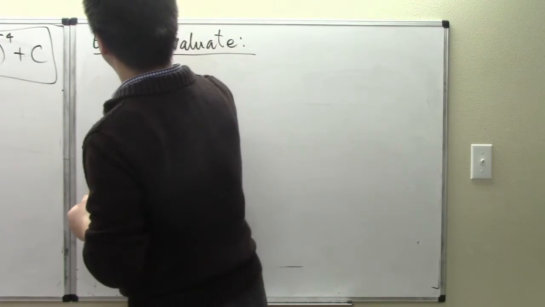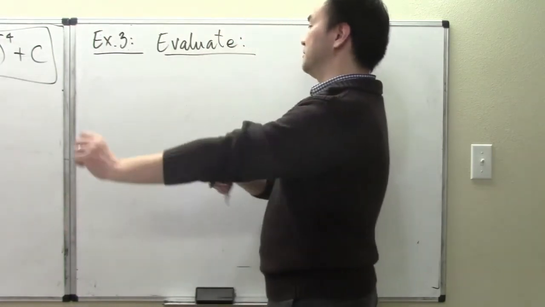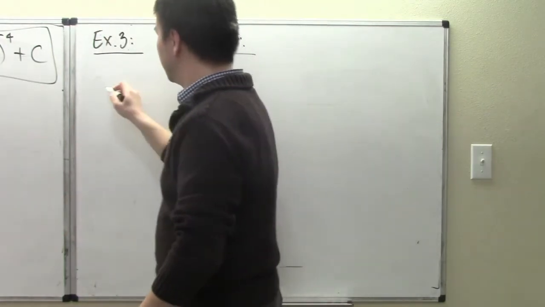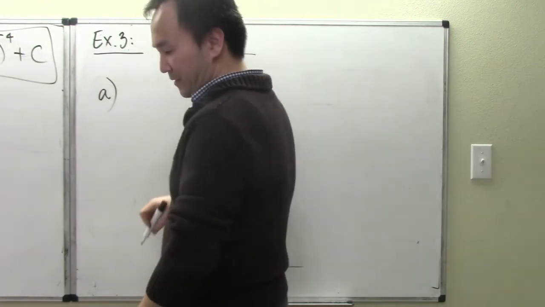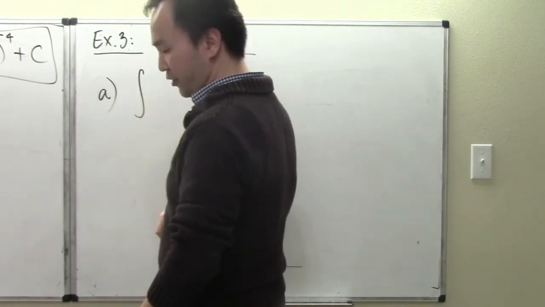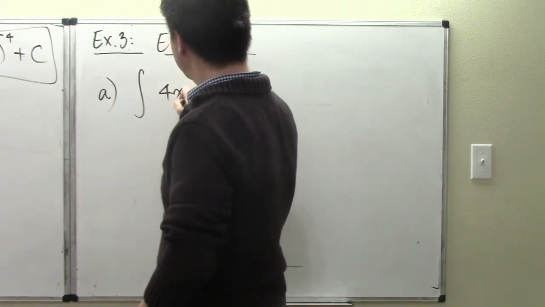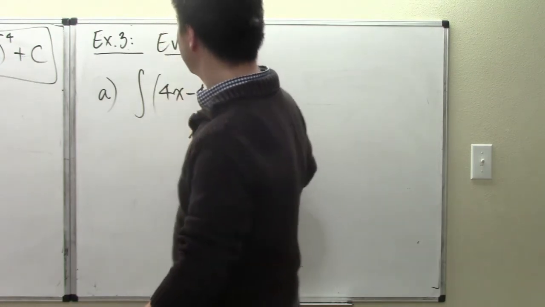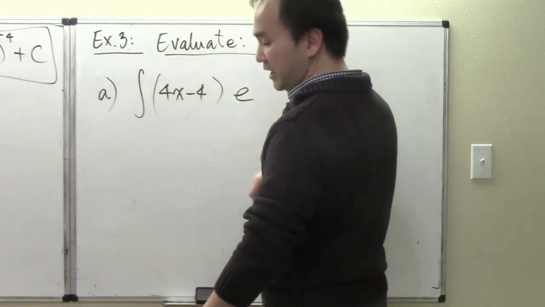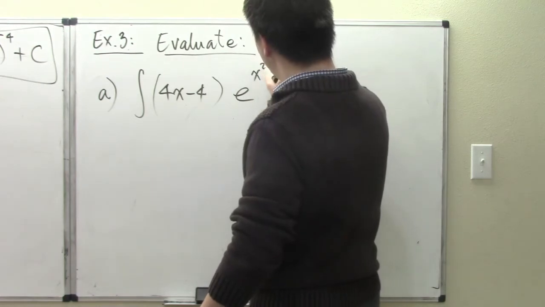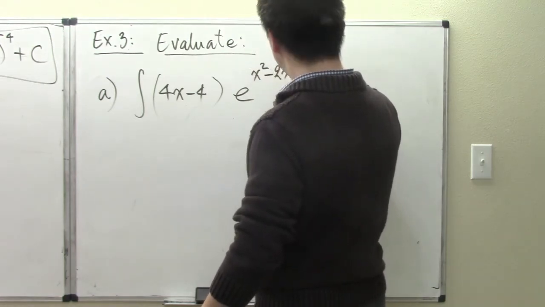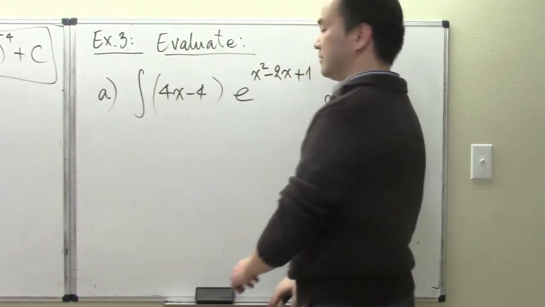All right. And so how about now I want to introduce an integral that has 4x minus 4, okay, in parentheses, multiplied with e to the x squared minus 2x plus 1 dx. Okay.